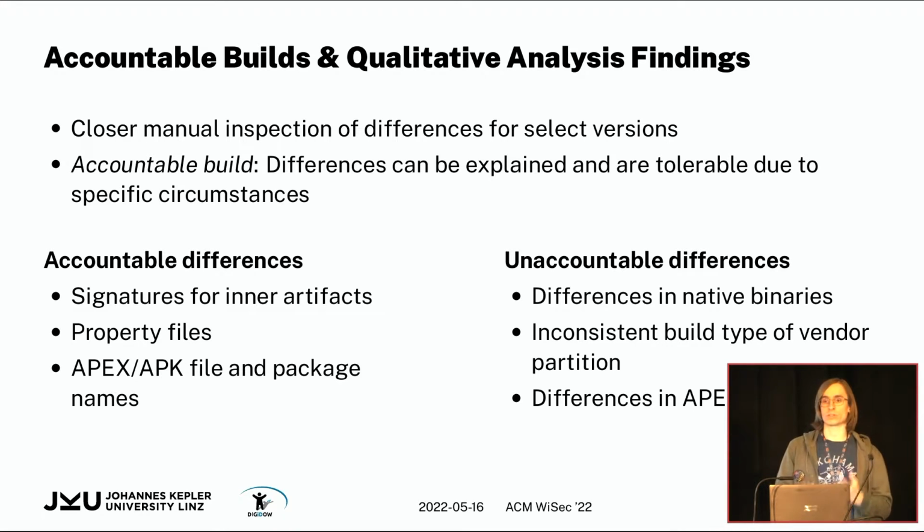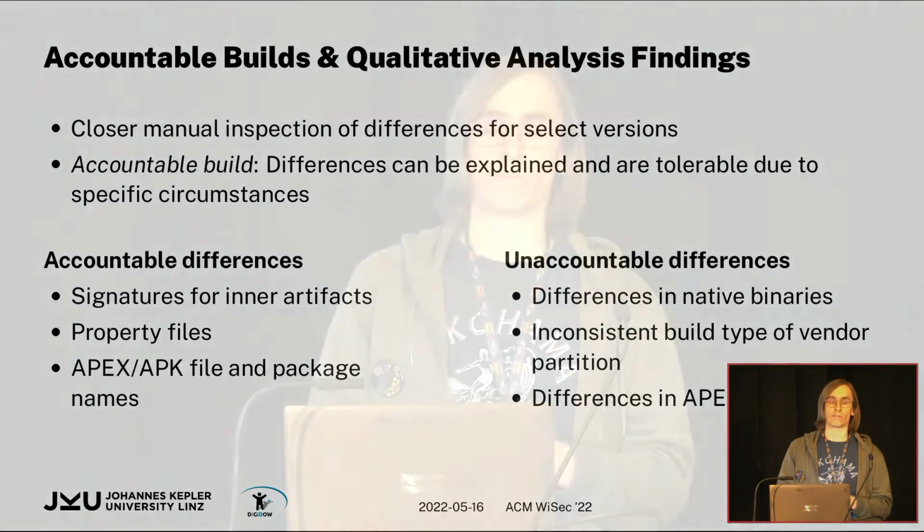Also, the Apex and APK files used in Android use different prefixes depending on whether you have an official factory image from Google or build your own, for example com.android versus com.google.android. That, again, is something we consider reasonable due to organizational reasons.